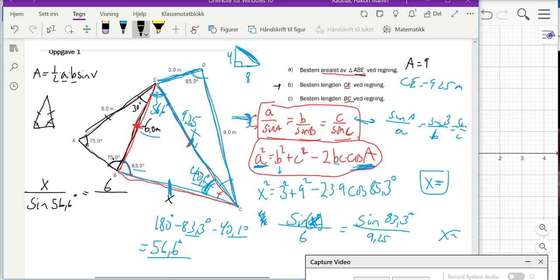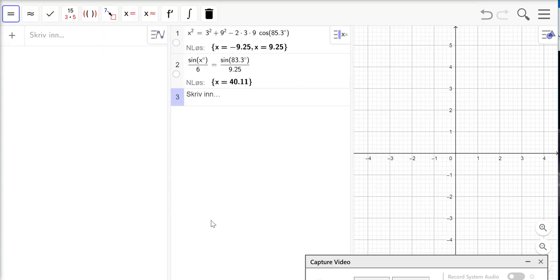Let's take the side 6 divided by sine of the opposite angle, which was 40.1. And this again, I can just put in on CAS. Just need a bracket here, right? Let's see if I can try and remember this. 56.6 and 40.1.